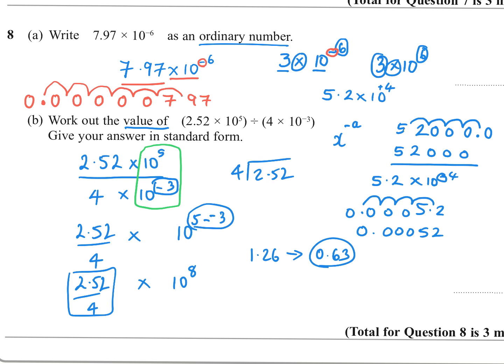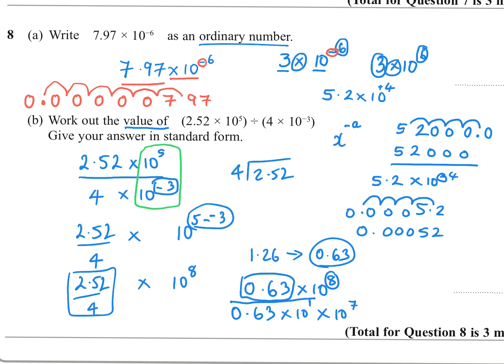So I know I've got 0.63 times 10 to the 8, but we should know a standard form. This number has to be between 1 and 10, can't be 10. And so therefore we can say, well, it's 0.63 times 10 to the 7, because 10 to the 1 times 10 to the 7 gives us 10 to the 8.